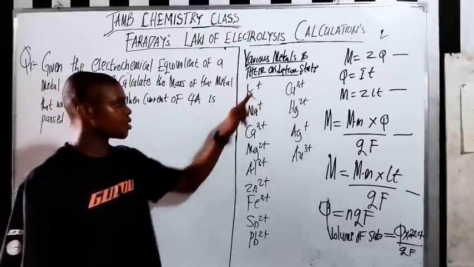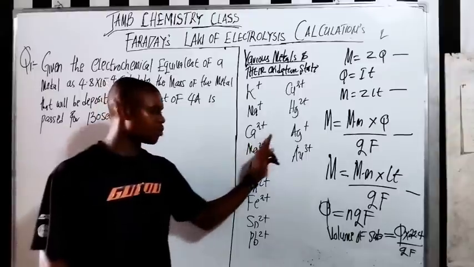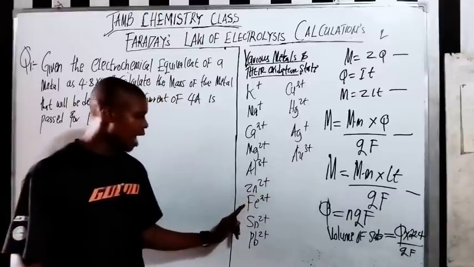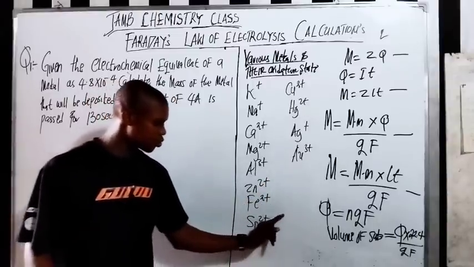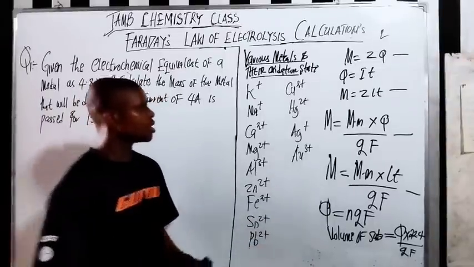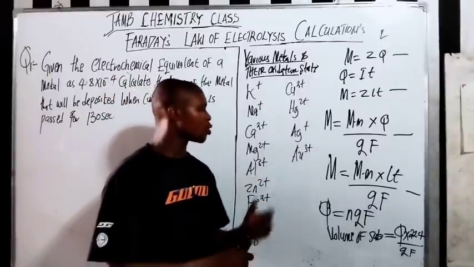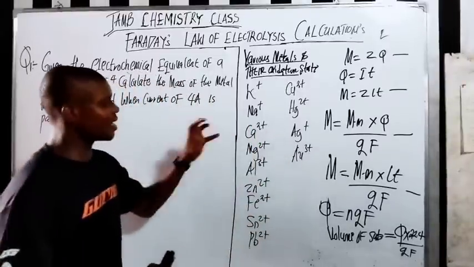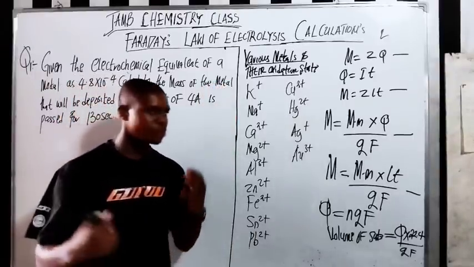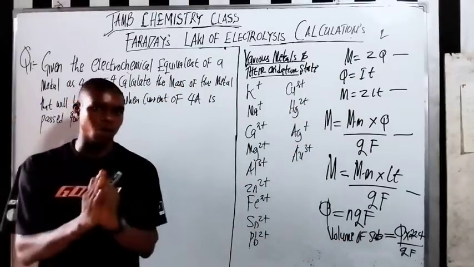Potassium is +1, sodium +1, calcium +2, magnesium +2, aluminum +3, zinc +2, iron +2, selenium +2, tin +2, lead +2, copper +2, mercury +2, silver +1, gold +3. So these are the metals and their various oxidation states, and these are the ones you're going to see. I want you to copy these formulas and these things in your note, because this is what you're going to use.